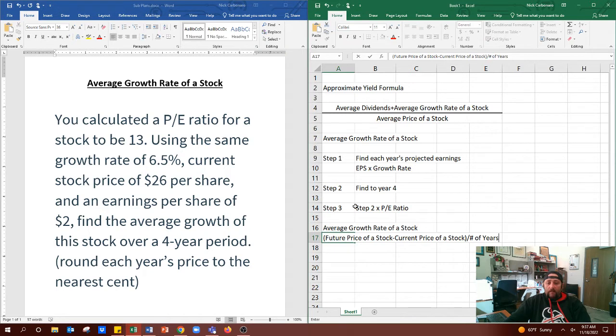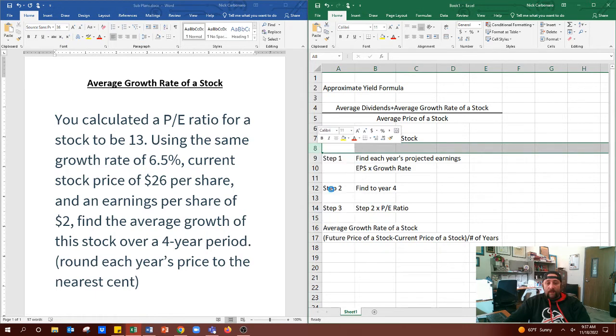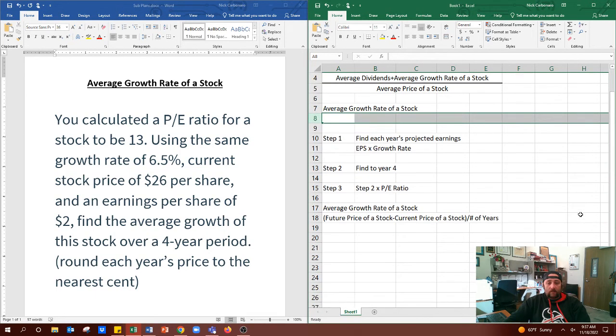So basically step 3, if you want to rewrite step 3, is basically finding the future price. When we're doing this right here, we're finding the future price. And you know what? I'll even add that as a line for us so we know exactly what we're trying to do.